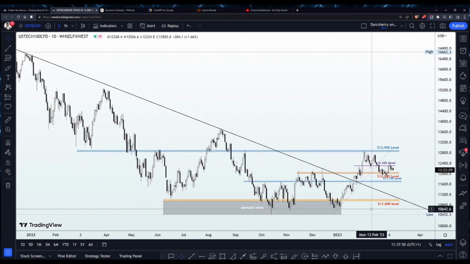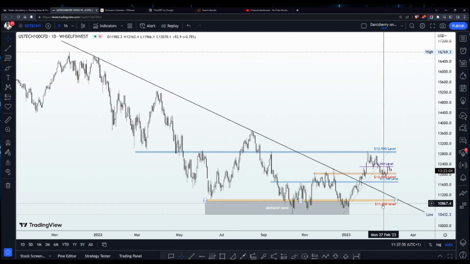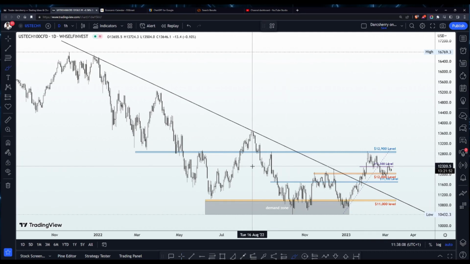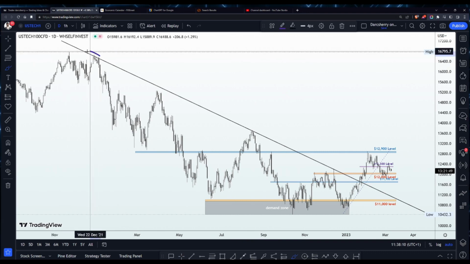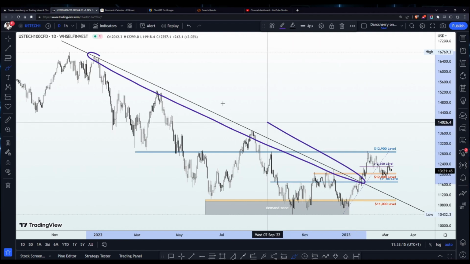And for those who have been part of the live session since the beginning of the week, you will remember that we have identified the fact that the current structure in this market is very bearish. And if we look at what has been happening on this chart since last year, you will see how price action has been finding lower highs. And when we connect the series of lower highs here, we have this beautiful bearish trend line.